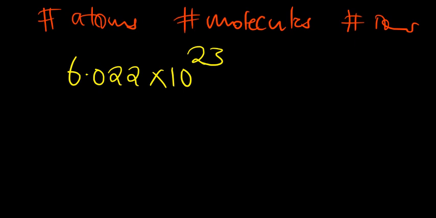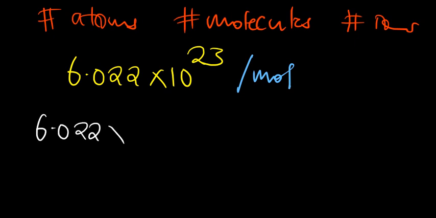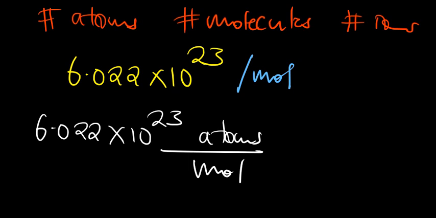I usually say the units are per mole. So if you are asked to determine the number of atoms, Avogadro's constant changes to atoms per mole. Ideally, you have to cancel out the mole, so you just multiply by the number of what? Moles.